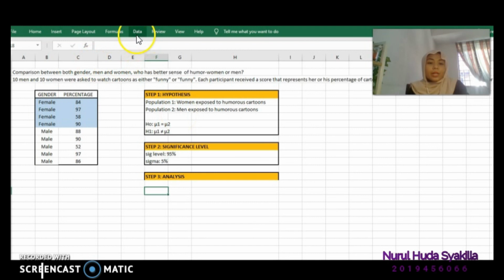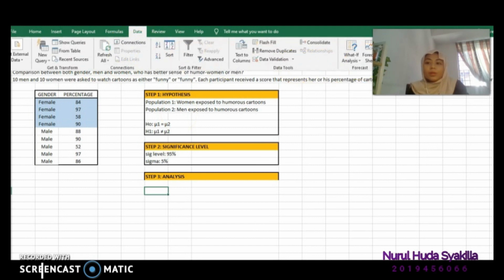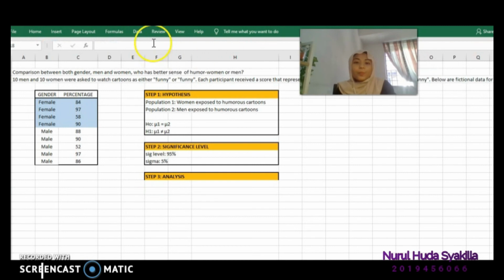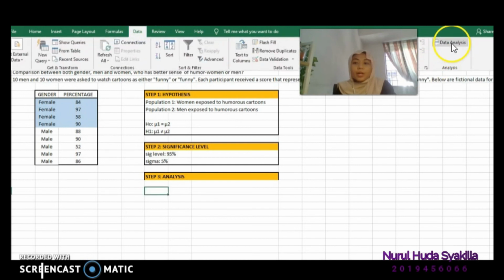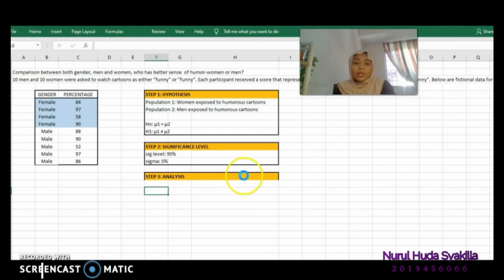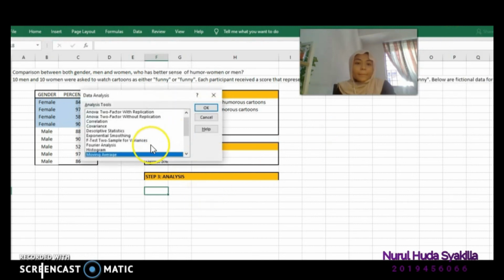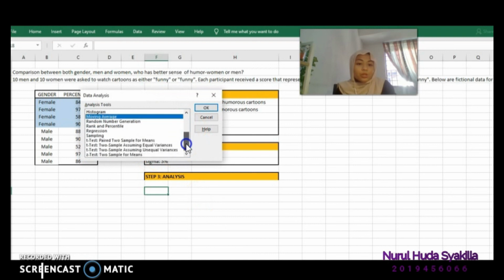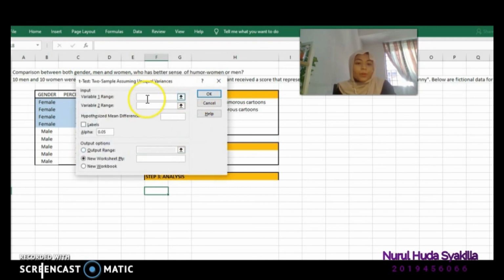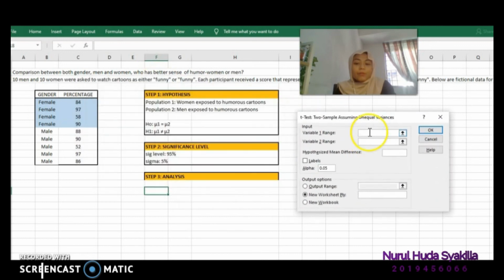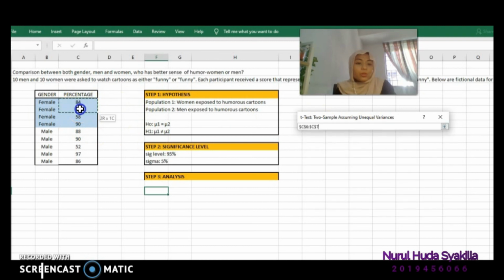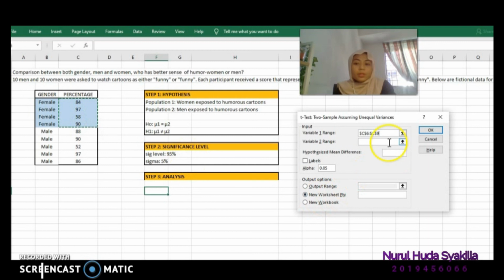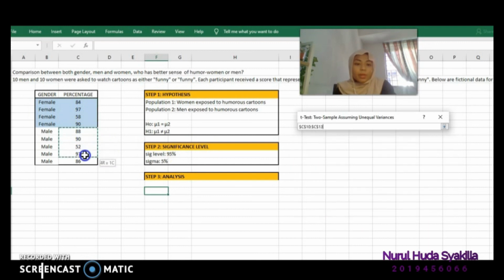So we click on data, and then we click on data analysis, and we choose t-test two sample assuming unequal variances. Click OK, and for the first variable, we're going to choose the group of females, and the second variable is male.